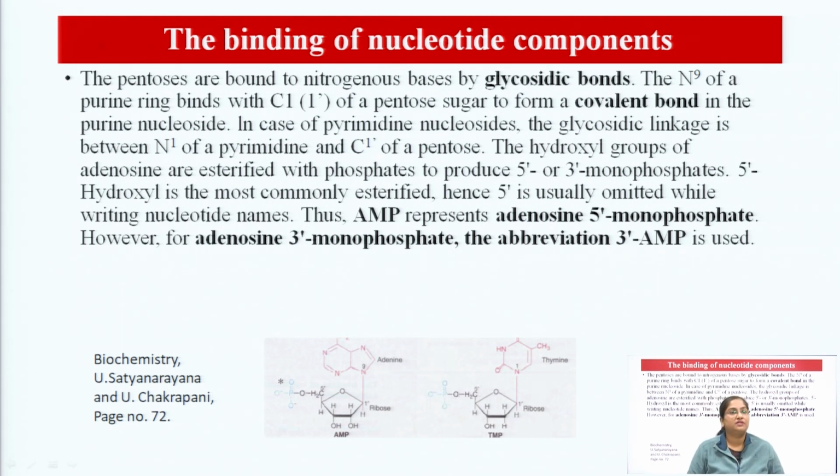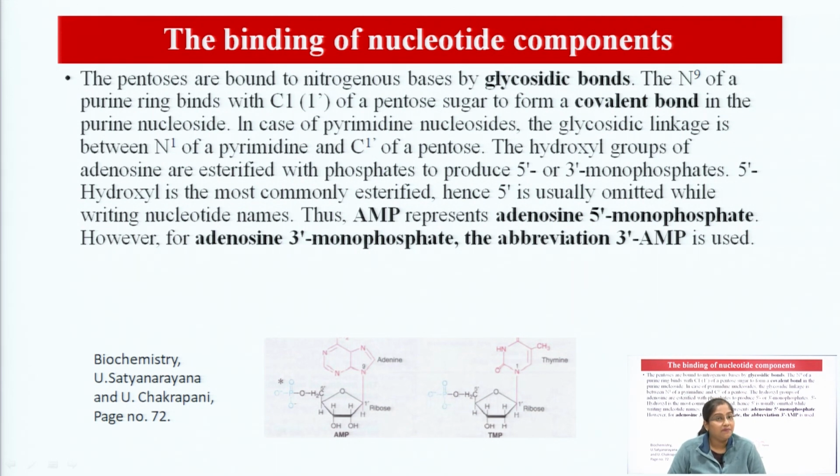We have studied this glycosidic bond in carbohydrate metabolism, because glycosidic bonds are present in carbohydrates. They are used to bind two different carbohydrate units. So, here when the sugar is bonded with nitrogenous bases, we are using a glycosidic bond. Then when the nitrogenous base is bonded with pentose sugar, there will be a covalent bond, which is very important, a very tough bond in the purine nucleotide.